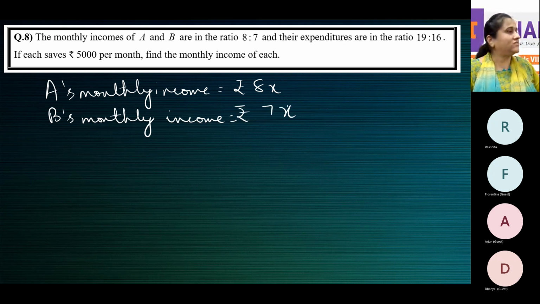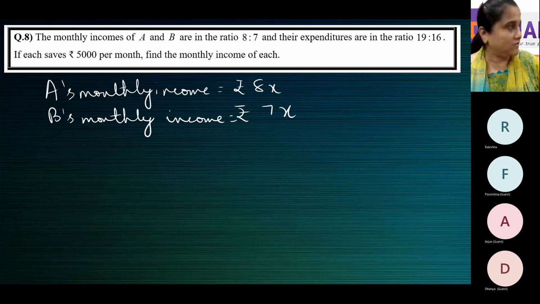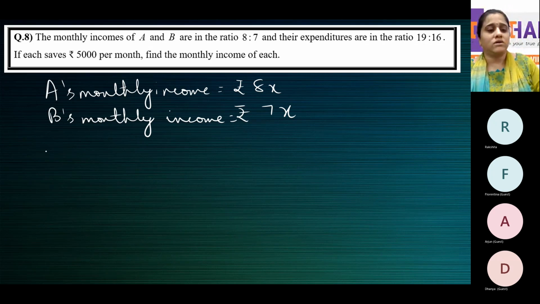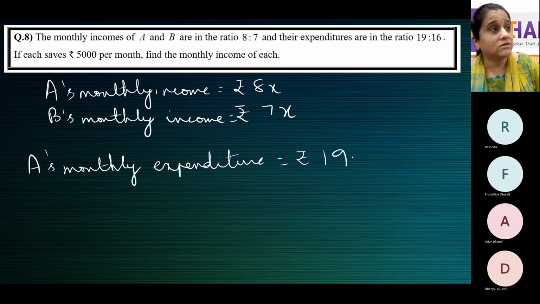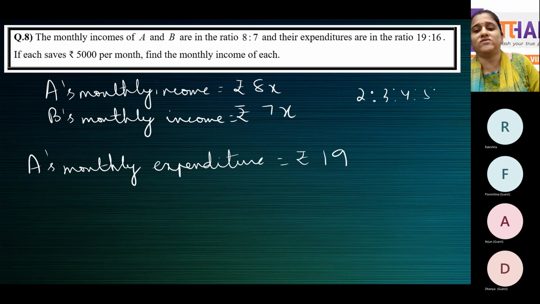All of you agree? This is how we did ratios when we were young. A 2:3 ratio means 2x, 3x, or 2y, 3y. Now A's monthly expenditure is equal to rupees 19y. Very good. You cannot use x here. This is a different ratio. Supposing you have a ratio 2:3:4:5:6, then you can say 2x, 3x, 4x, 5x, 6x.